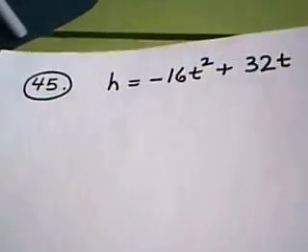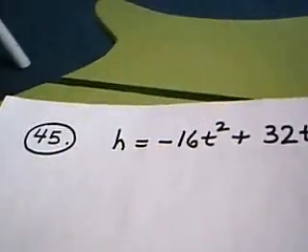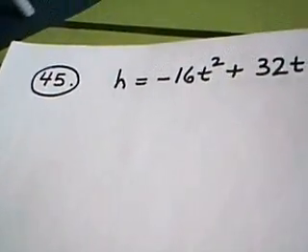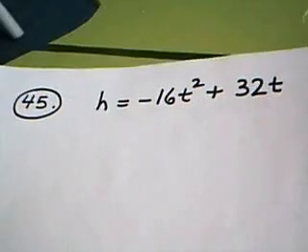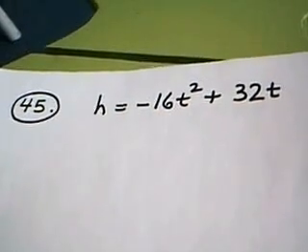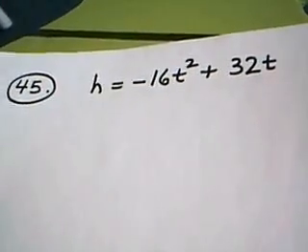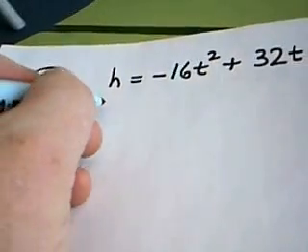So what we're really being told to do, and I want you to come with me to my little piece of paper here. What you are really being asked to do is to go to this equation, h equals the opposite of 16t squared plus 32t, and replace h with 0.